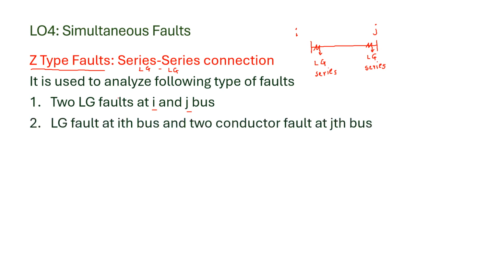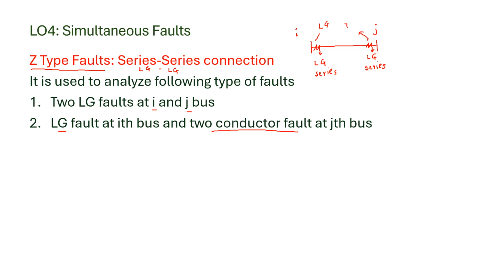Next one is LG fault at ith bus. Suppose here at this point LG fault has taken place at ith bus and a two conductor open fault at jth bus. Now here LG fault has not taken place at this bus.